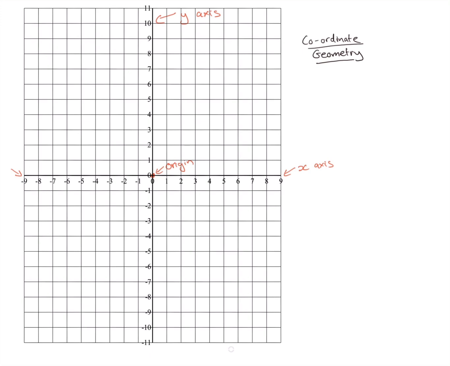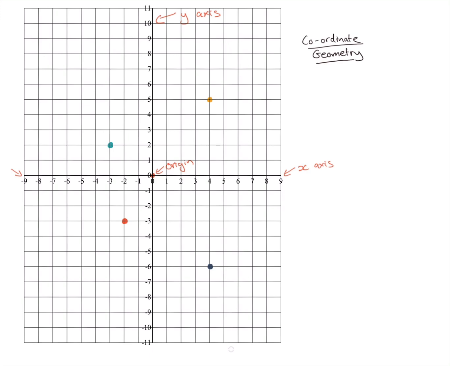Now, we need to know, if I put a dot, let me change the color. Let me put a dot here, for example. And let me put another dot down here. And another dot over here. And another dot here. So in maths, we need to know how to describe where these dots are.